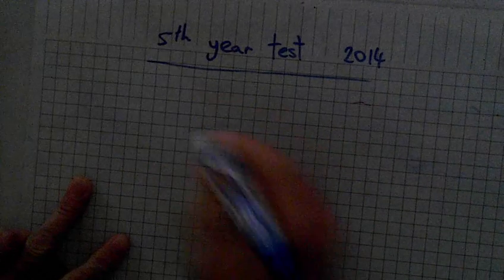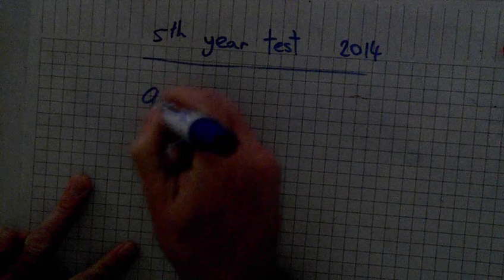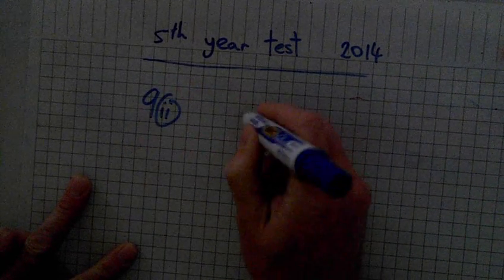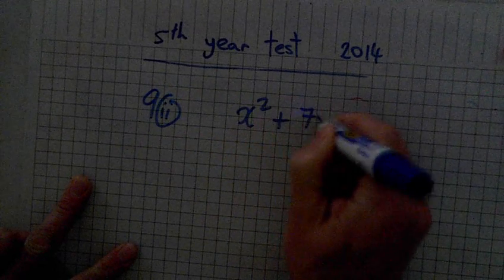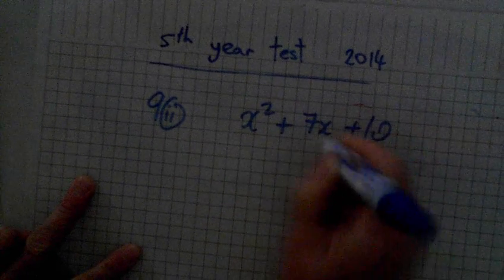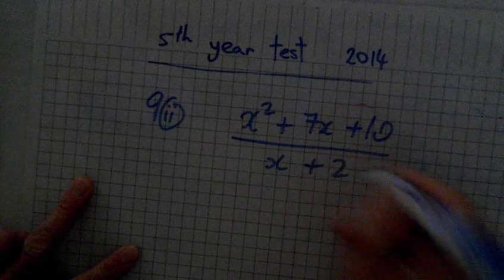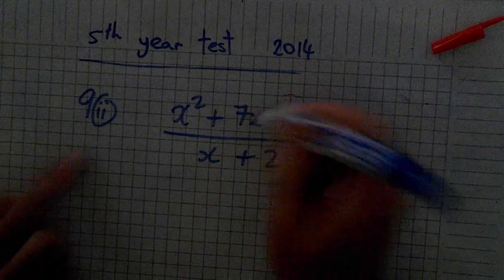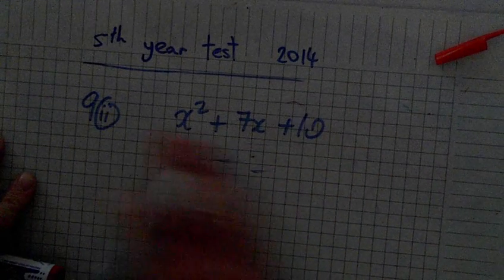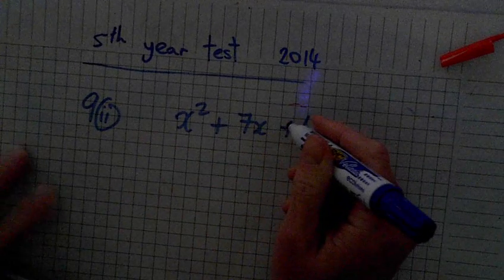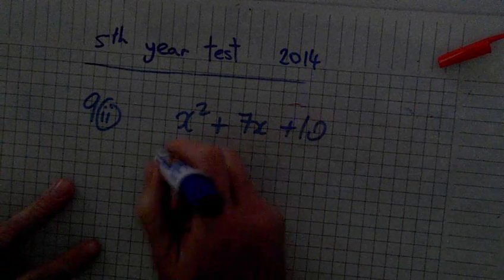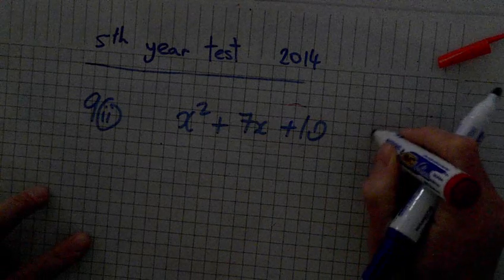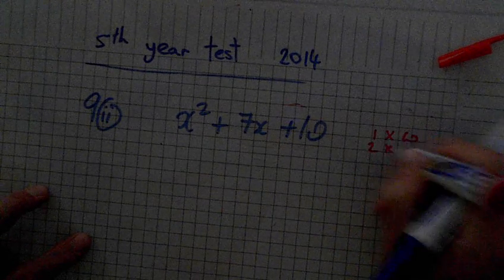The next one, question 9 part 2, you had to simplify x squared plus 7x plus 10 over x plus 2. So what you had to do here is first of all factorize this. You write down the factors of 10, which are 1 times 10, 2 times 5.